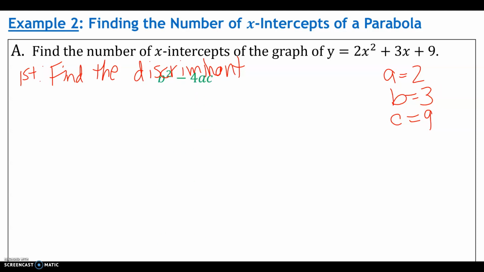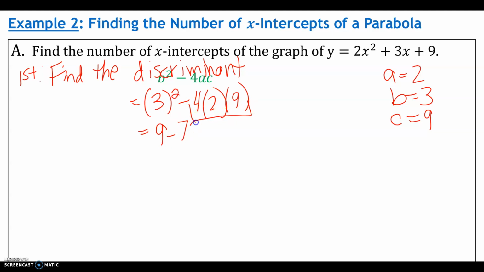So there's our discriminant. So let's plug in our numbers. We got 3 squared minus 4 times 2 times 9. So it's 9 minus, that's going to be 8 times 9, which is 72, which equals -63. So this is our discriminant.